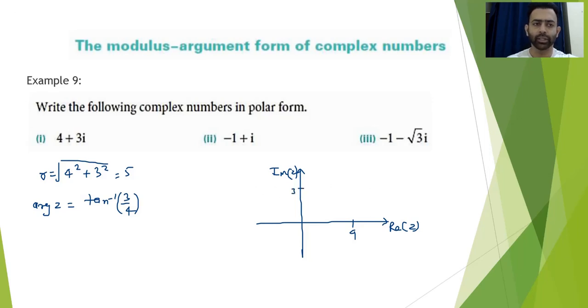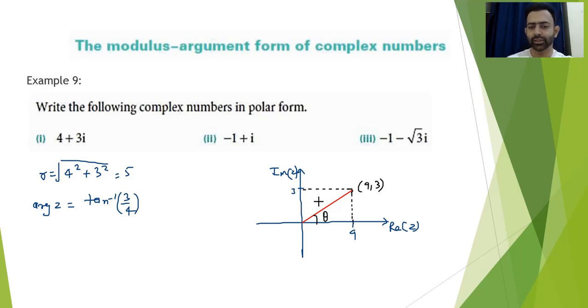Let us say this is my complex number, and it is making an angle of theta with the real axis, right? So if I join like this, this point in the Cartesian plane will be 4 comma 3, right? This is the same as we did in vector form.